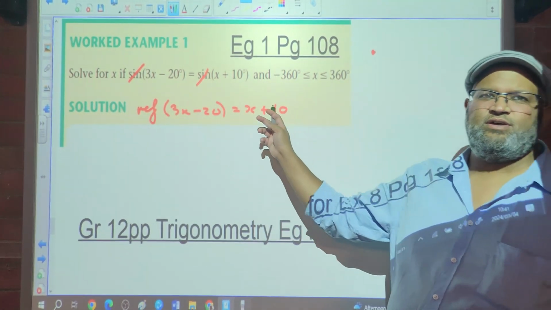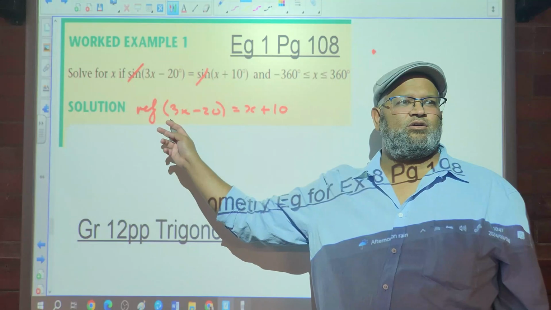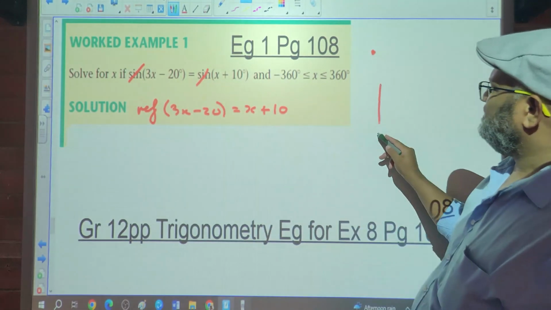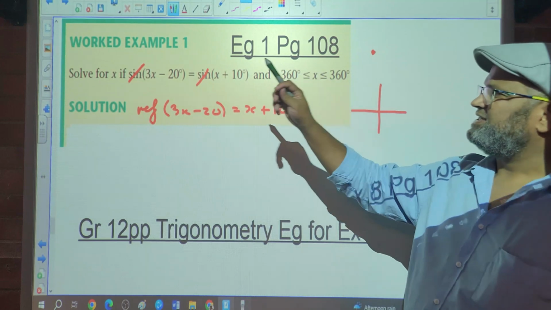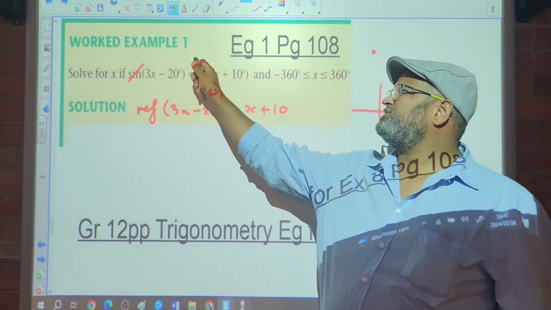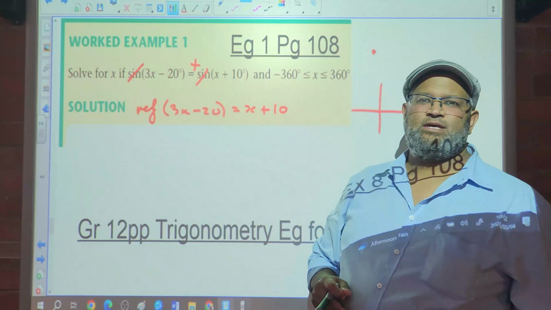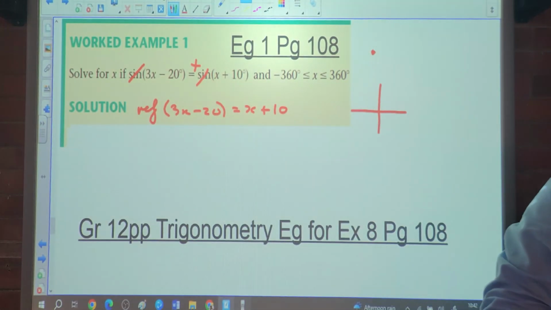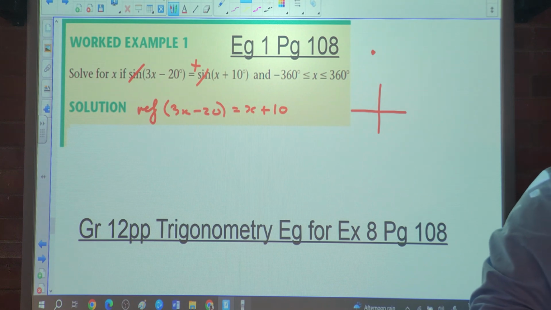No. We take it to its quadrant. The question we ask ourselves: in which quadrant is the sign positive? You see no sign, so it means positive. So the third thing is we're going to check in which quadrant the sign is positive or negative.